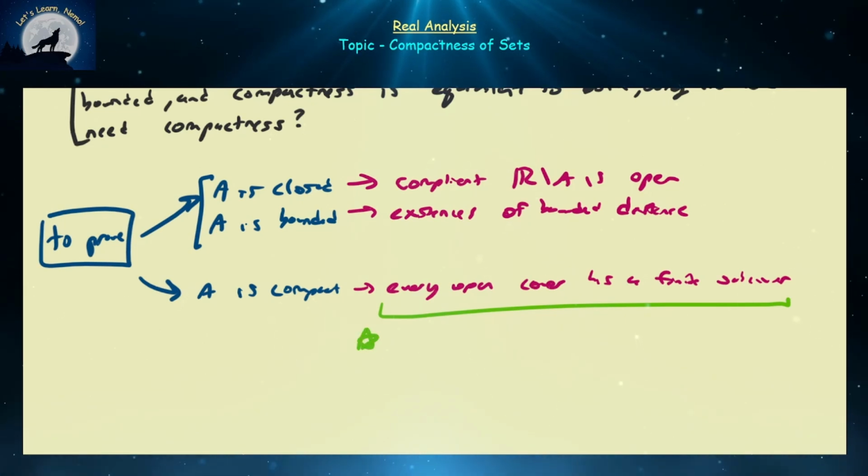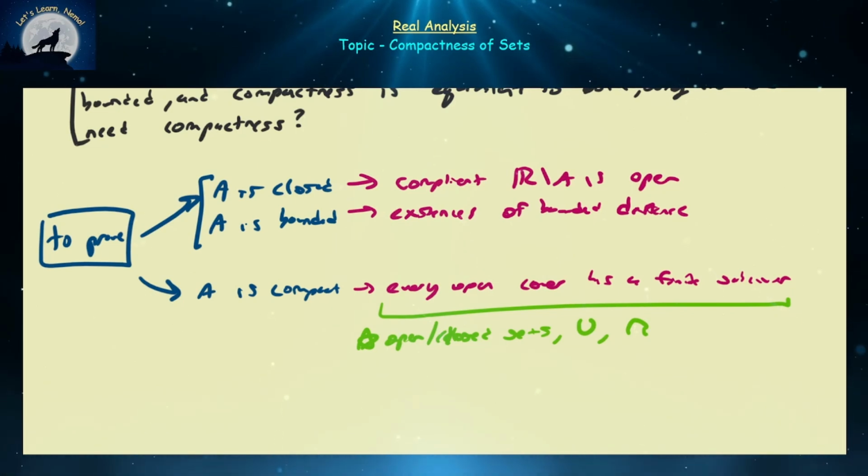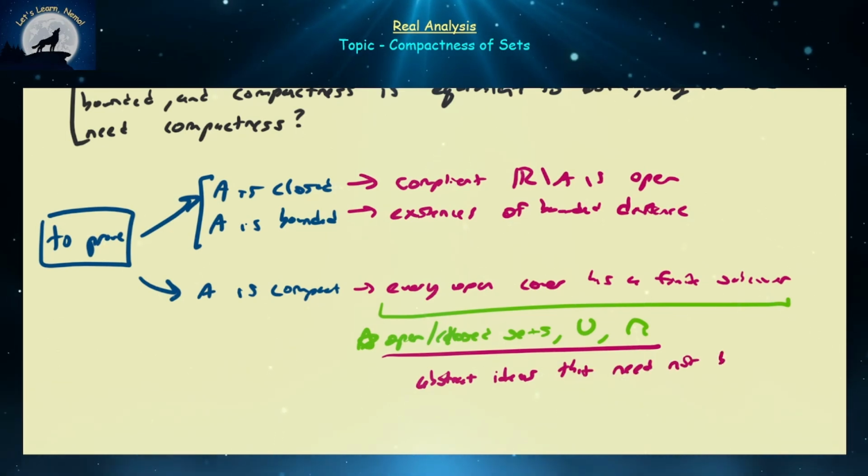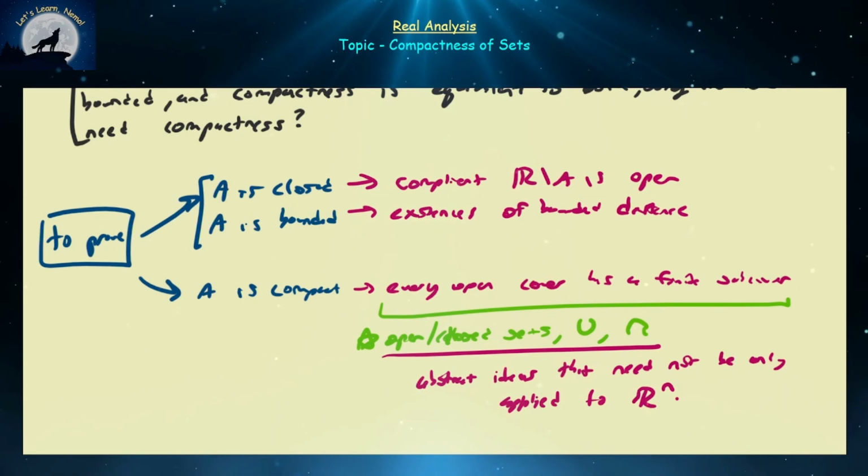All you really need to understand is open and closed sets pretty well, and their properties under unions and intersections, right? And if you think about it, open and closed sets, unions, and intersections are very abstract ideas that need not be only applied to R, or more generally, R^m.